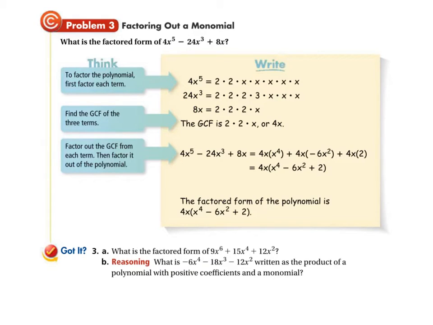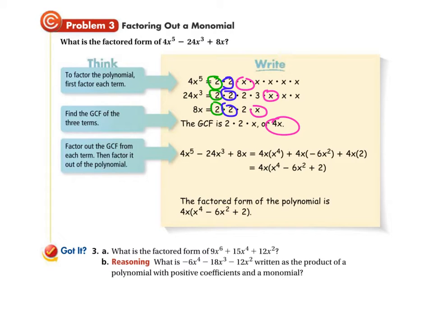Well, we've got a 2 on each one here. We've got another 2 here on each one, and of course we've got another, in this case, x on each one. Okay, so 2 times 2 is 4, times x is 4x. 4x is our greatest common factor.